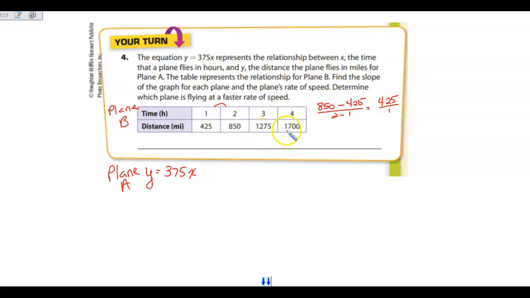I can test these two. 1700 minus 1275 over 4 minus 3, which is 1. And this is 425.